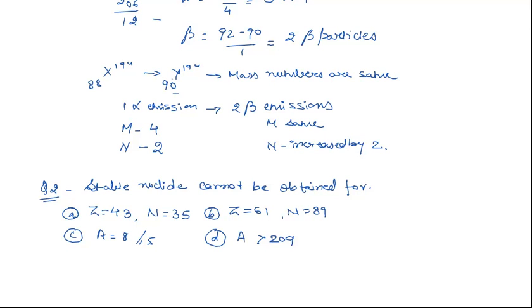So how can you find out? What is this N over here? N 35, N 89. So 43 is the atomic number. And what is N? N has the number of neutrons, or we can say the mass numbers. I think I should change this question a bit.